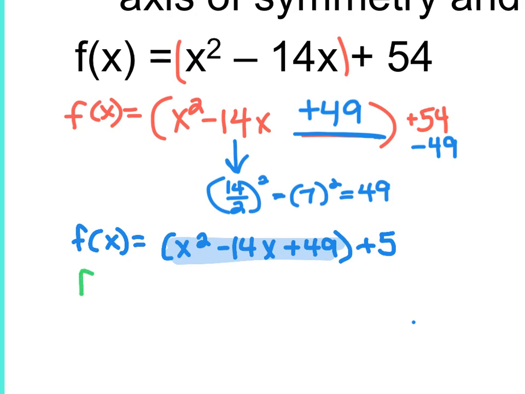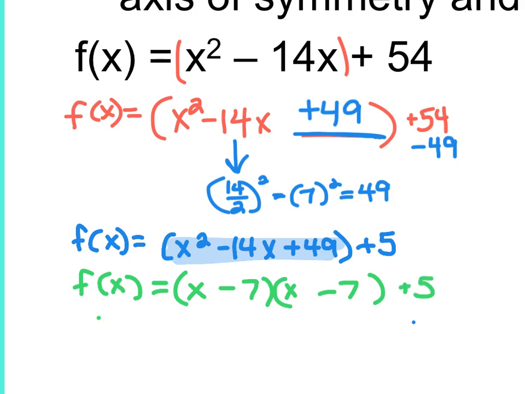When I factor it, I get f of x equals x and x, and then what are the factors of positive 49 that sum to negative 14? Negative 7 and negative 7, right? Because they have to be negative for the middle term to be negative. Which becomes f of x equals x minus 7 squared plus 5.